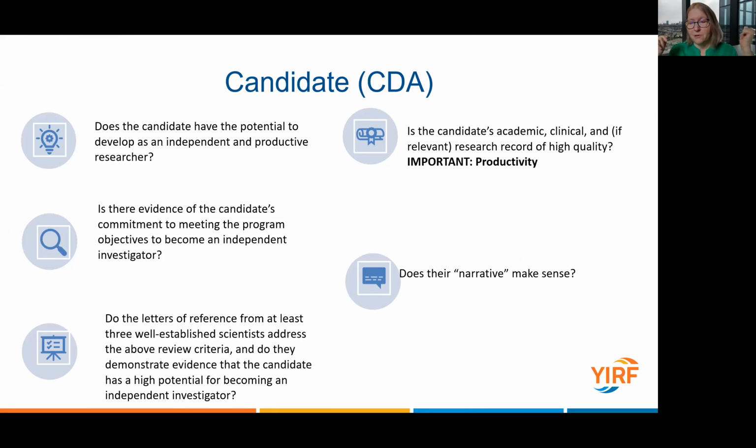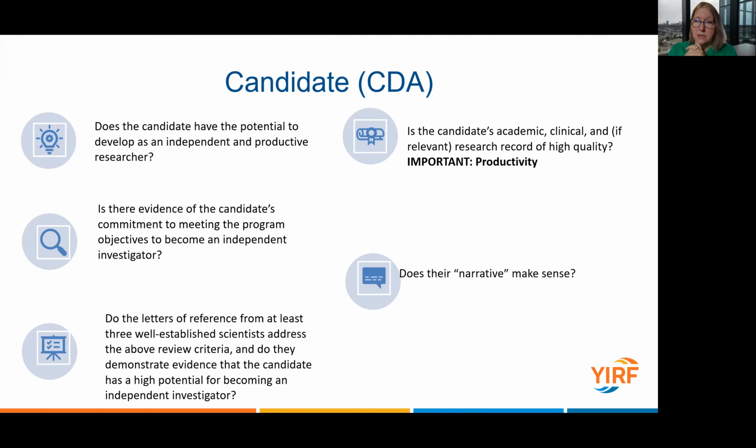Your story, your really embellished elevator pitch. They're also going to be looking at your biosketch to see how productive you are and what your prior training is, and whether you are appropriate to do the proposed training and work at this point.